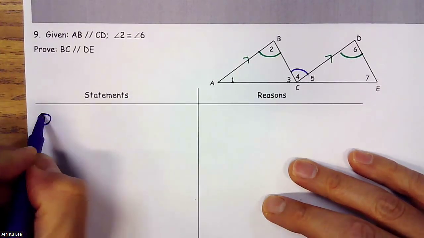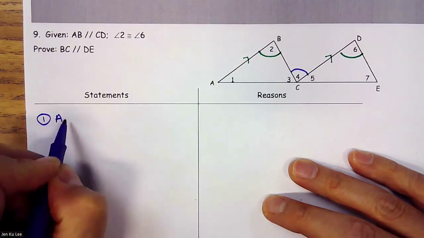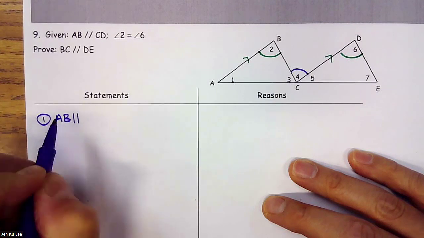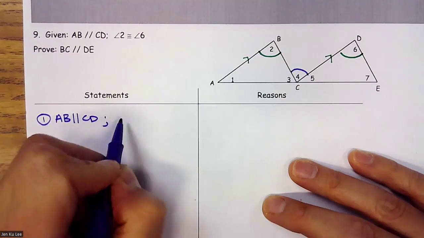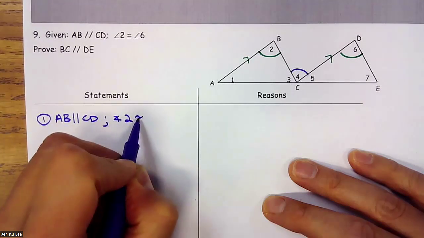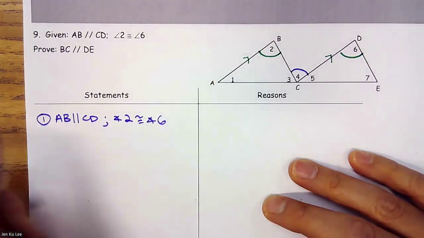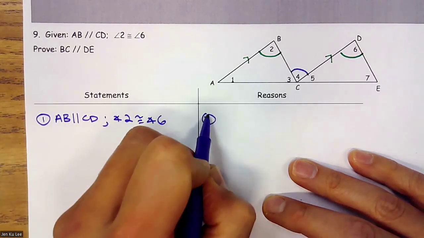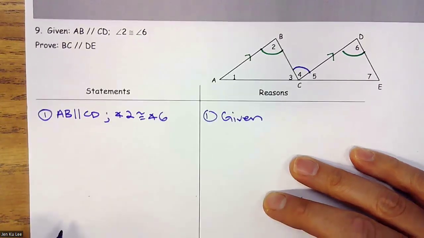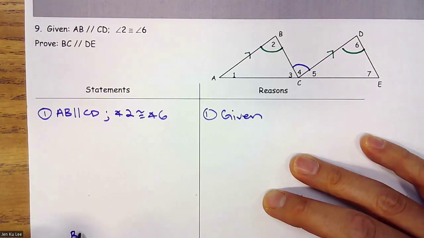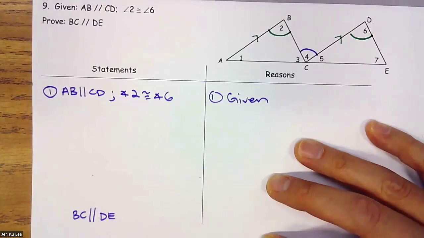The first step is going to be our given statement, AB parallel to CD, and angle 2 is congruent to angle 6 because it's given. The last one, BC is parallel to DE. Okay.